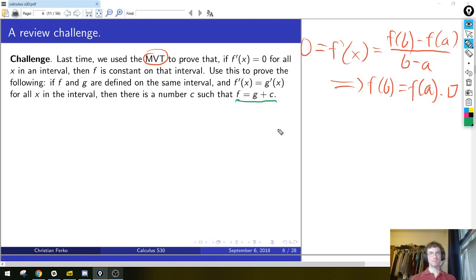This property doesn't mean that f is the secant line of g necessarily. This means that f and g are the same function more or less, but offset vertically, right? So that's different from being a secant line.